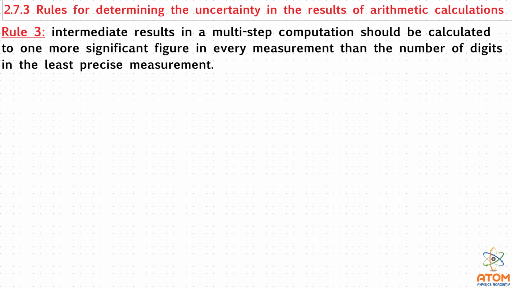In these intermediate steps, when we consider the significant figures as per the rules we have seen up to now, we should add one more significant figure, and go further step by step, so we will get the perfect answer.